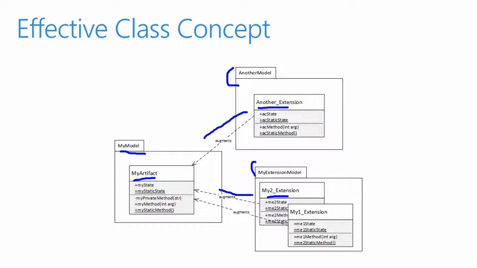So in this example, the effective class is the class in the extension models that contains all the original methods and all the public artifacts from the extension classes. The effective class isn't the same in every model because it includes only the class extensions that are defined in a given model. This illustration shows the effective class of myArtifact in the myExtension model.